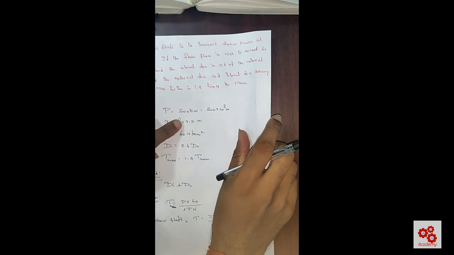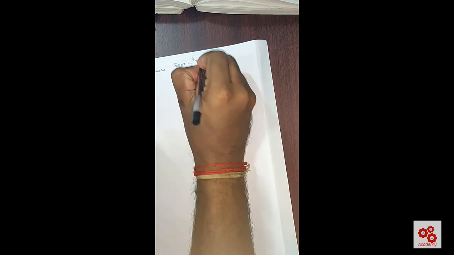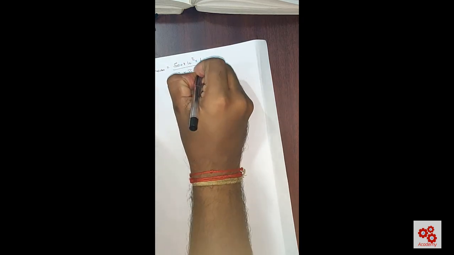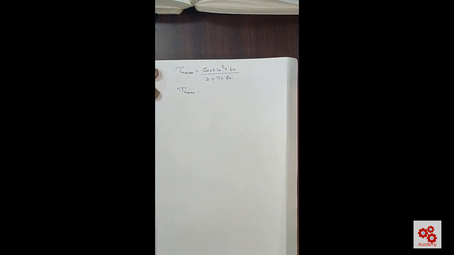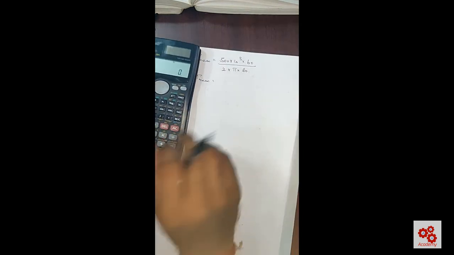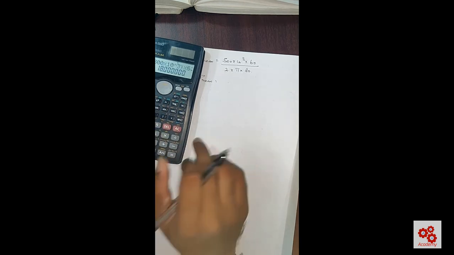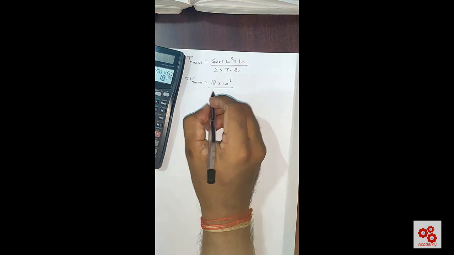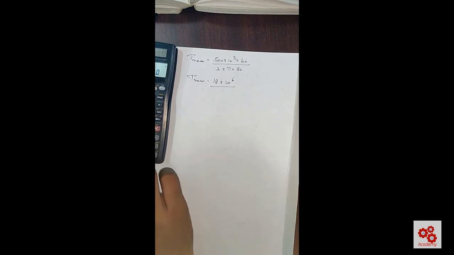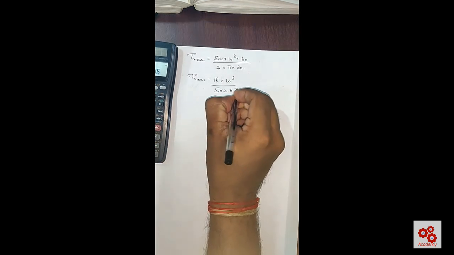We substitute the values. Power is 300 into 10 to the power 3, into 60, divided by 2 into pi into n, where n is 80. Using the calculator, 300 into 10 to the power 3 into 60 is 18 into 10 to the power 6, divided by 2 into pi into 80, which is 502.65.